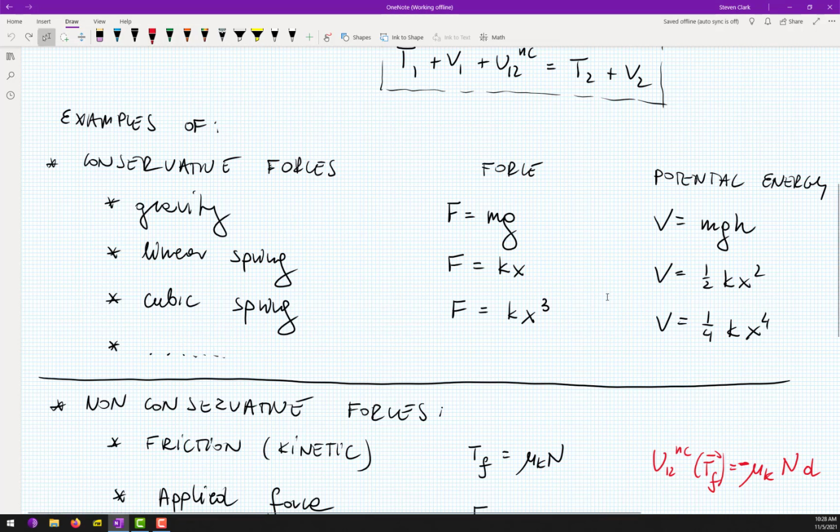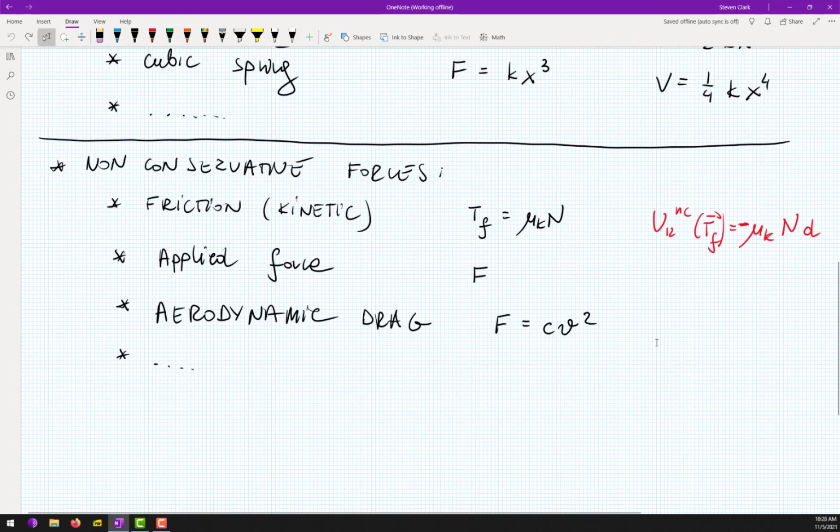And when it comes to non-conservative forces, we have friction, exactly what you said, kinetic friction in particular, and then applied force. And very rarely we have aerodynamic drag, very rarely, okay? So yeah, that would be my answer.